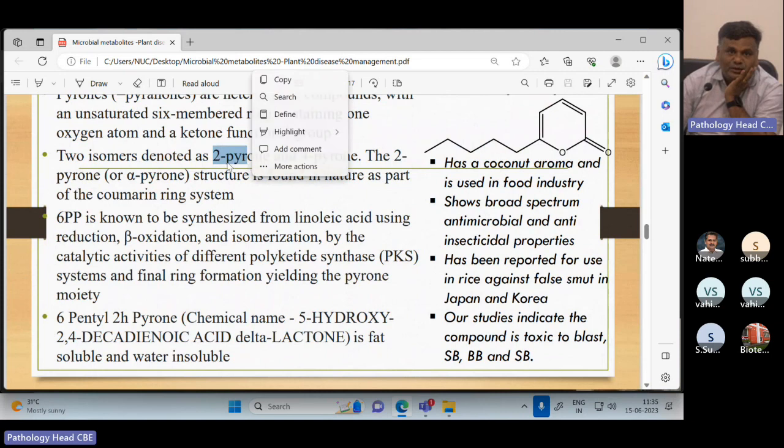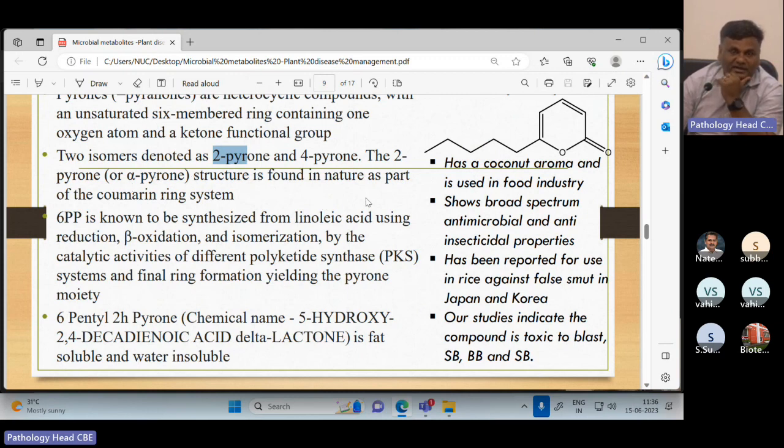There are two different isomers of this: 2 alpha pyrone and 4 beta pyrone. Both these pyrones are very good, but our active pyrone is the alpha pyrone, which is used here. Alpha and beta depend on the particular position of the oxygen atom, either this way or that way. These isomers have some differences in stability.